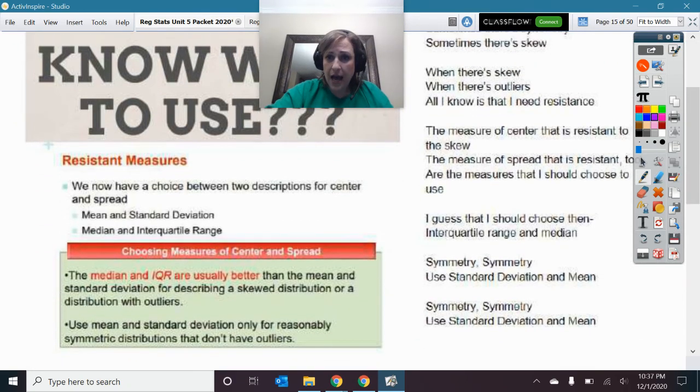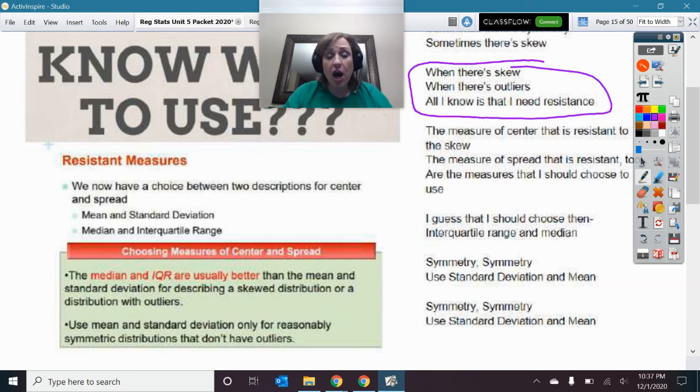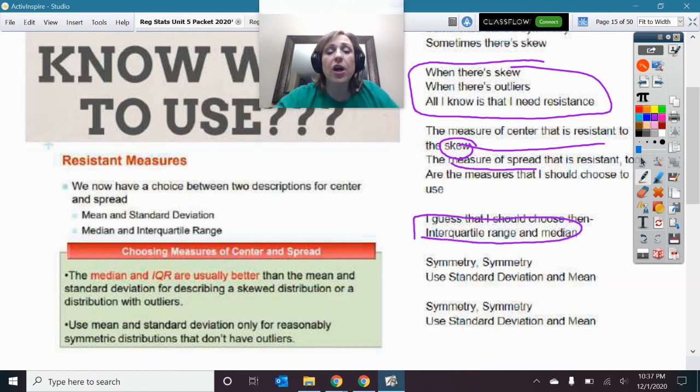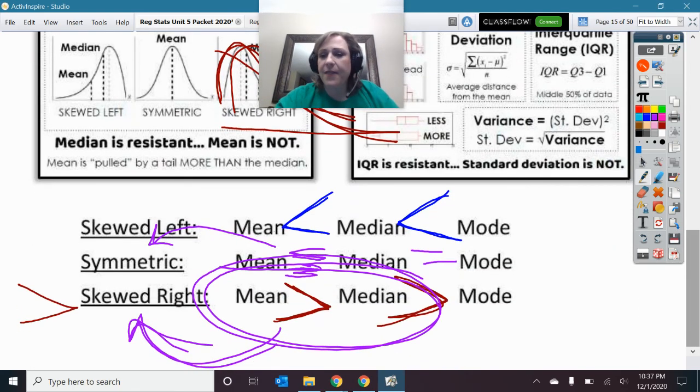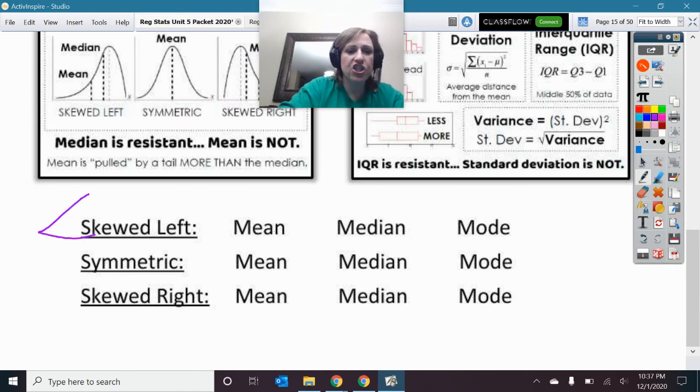Because if I have skew, if there are outliers, then I need resistance. The measure of center that is resistant is the median, and the measure of spread that is resistant is the interquartile range. The IQR and median are the ones that are resistant. And then that's the relationship between shape and those summary statistics. Okay, so there's our summary.